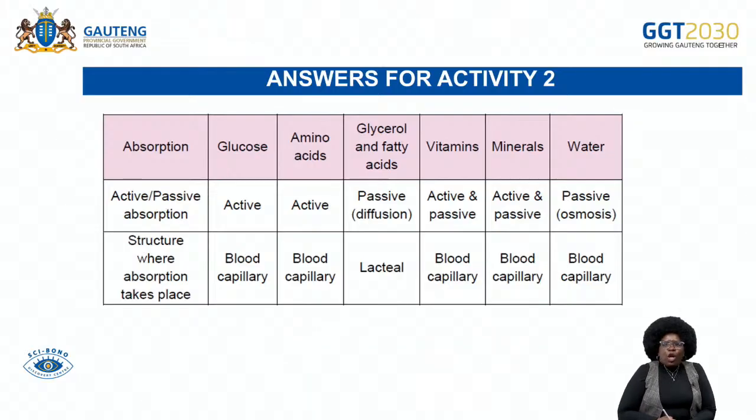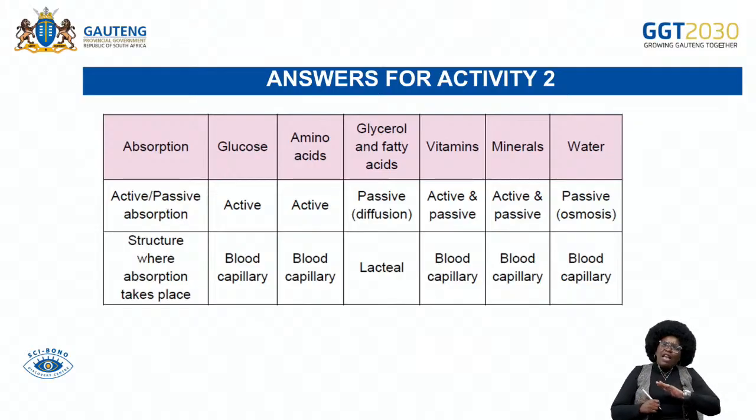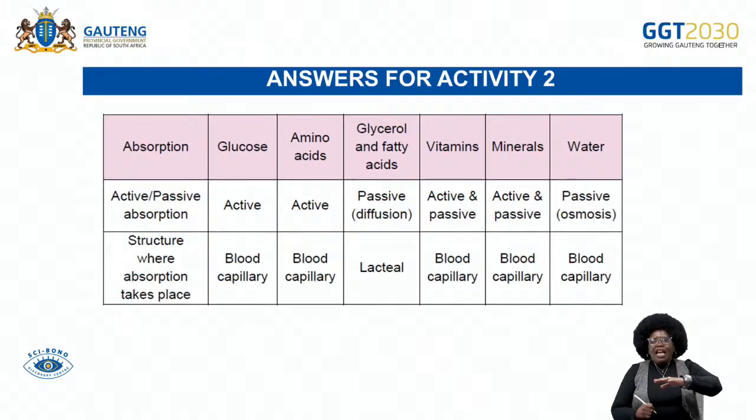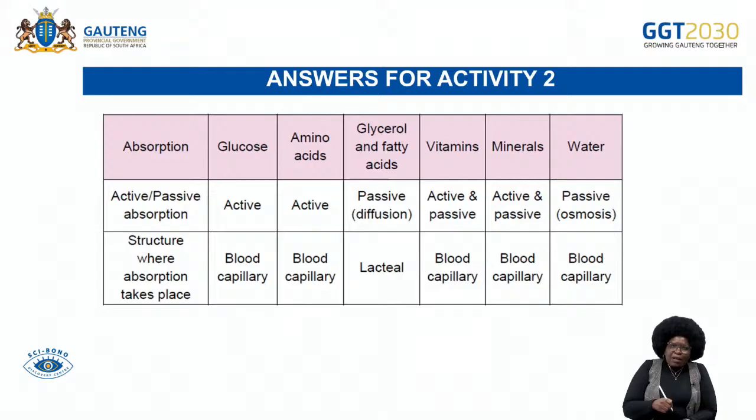Let's check glucose. What kind of absorption is taking place when glucose must be absorbed in the body? It's active. So it means that it is moving against the concentration gradient. And the structure where absorption is taking place, this is taking place in the blood capillaries.